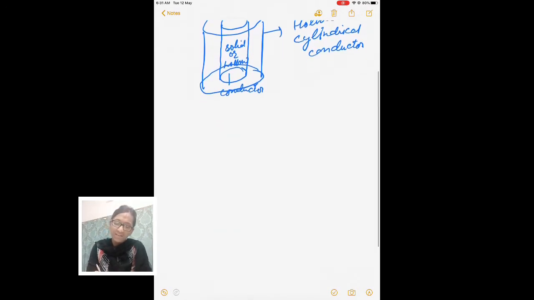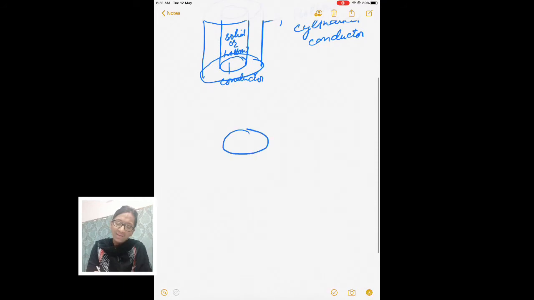So let me draw again. So this is the inner cylinder with radius R1.